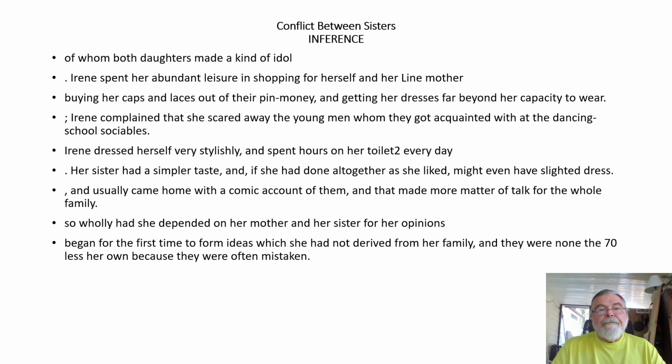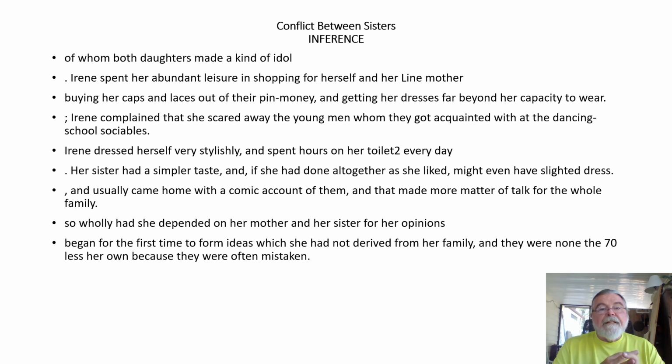All right, now, the conflict between the sisters. We have examples in the text, and what I need to do is make inferences. Not what the author said, but what I can deduce from what the author said. So, of whom both daughters made a kind of idol. So the two daughters idolized the mother.